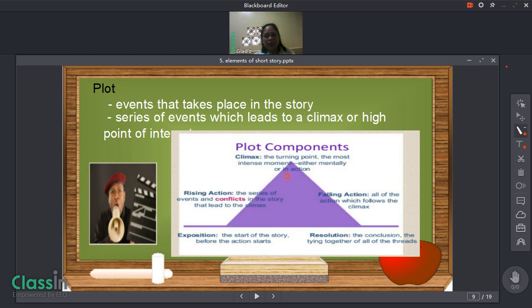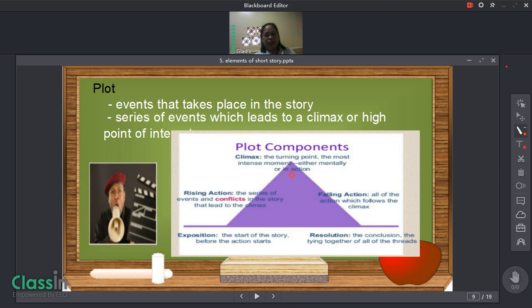And then on the peak of the triangle, we consider the climax, which is the turning point or the most intense moment or part in the story, either mentally or in action. Okay, these are now the fighting scenes.